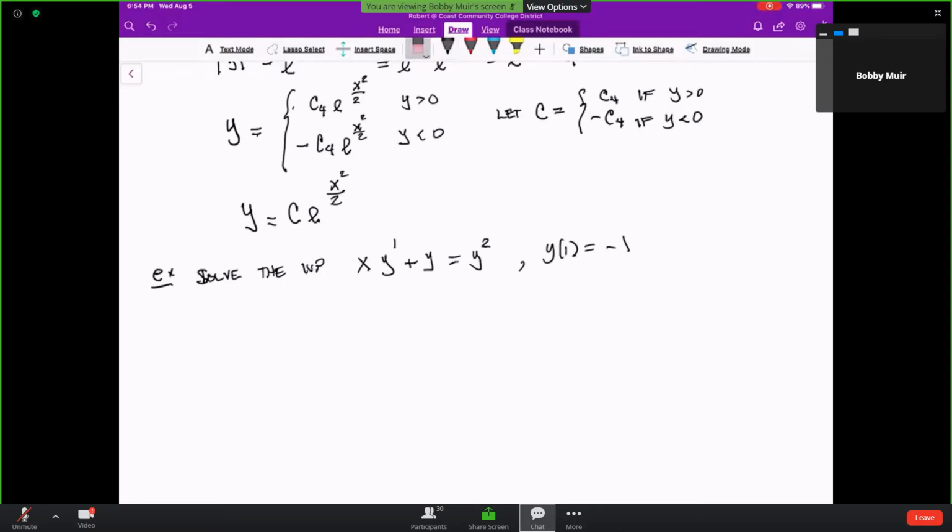Okay, so this is going to be separable because we haven't looked at anything else yet. So I've got x times dy dx is equal to y squared minus y. Okay, now the next thing I'm going to do is the obvious. I'm going to say this is going to lead to dy over y squared minus y is equal to dx over x.